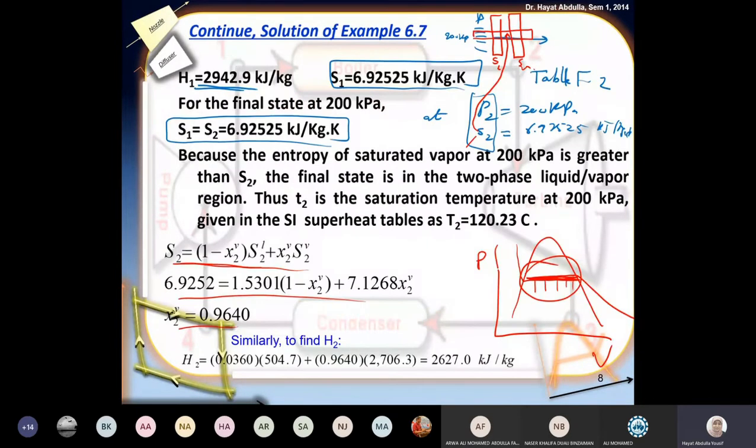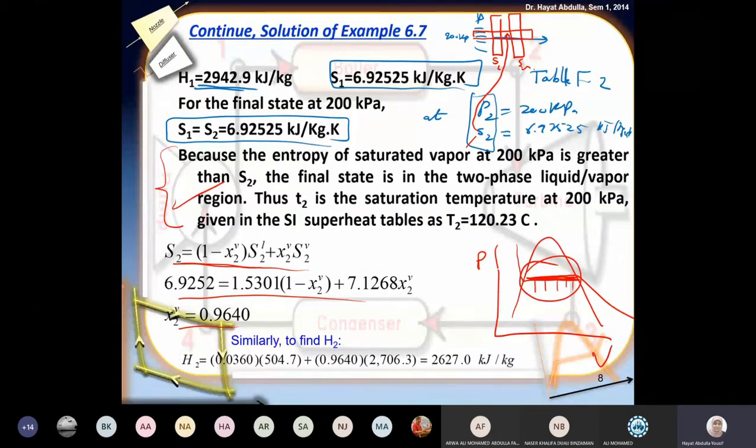Because of that, I got the quality value, and in this case I can find any other properties. According to the question, all they ask for is just to define the state of the outlet, and that's enough by saying it's a saturated mixture. But I just modify the question so it becomes a practice for you.